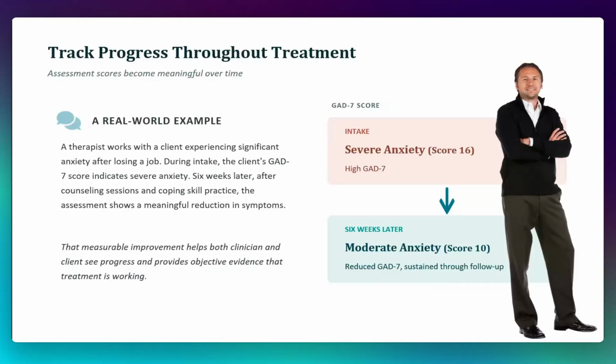That measurable improvement helps both the clinician and the client see progress. It supports behavioral health documentation and provides objective evidence that treatment is working. That's the beauty of many of these assessments. They'll have their own scoring mechanisms, making it easy to track the score over time.